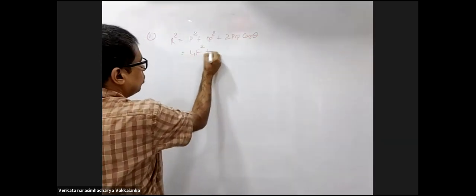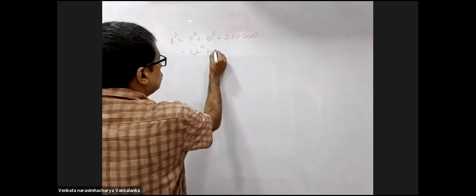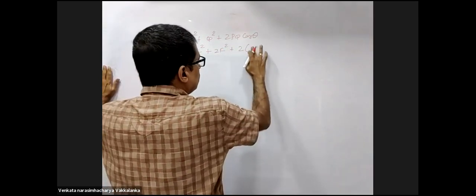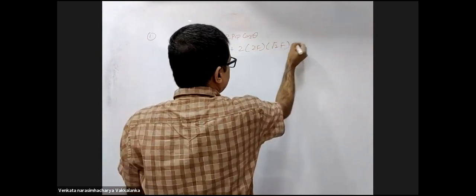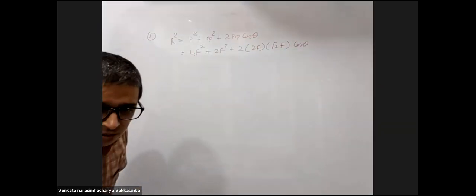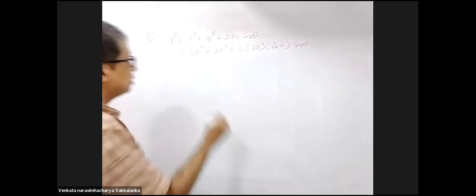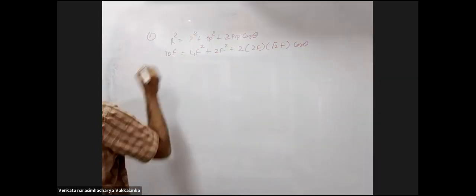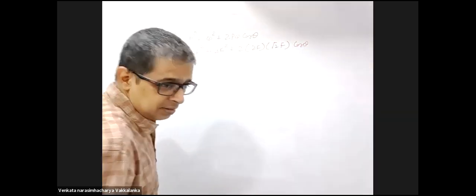This will become 4F square. Root 2F, 2F square plus 2 into 2F into root 2F into cos theta. So the resultant is how much? 10F. This is what is given.